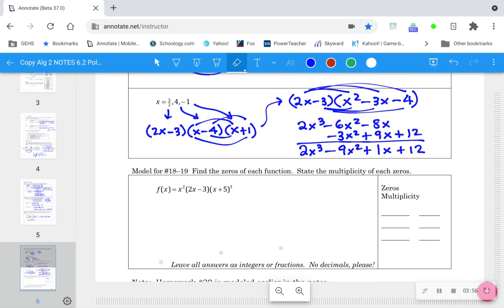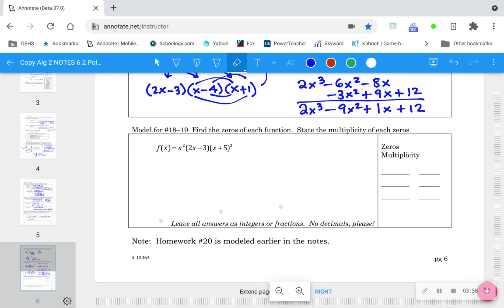Okay, the last problem in the note set here, we have to find the zeros and give the multiplicity of each. So the first section there is x squared. And when you set that equal to 0, you get x equals 0. The squared means you have an x and another x.